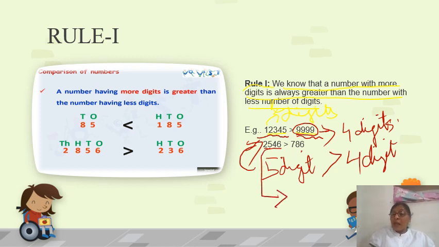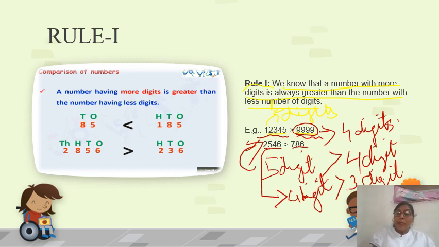In the next example, you see how many digits in this number? 4 digits. And in this number, how many digits? 3 digits. A 4-digit number is greater than a 3-digit number.